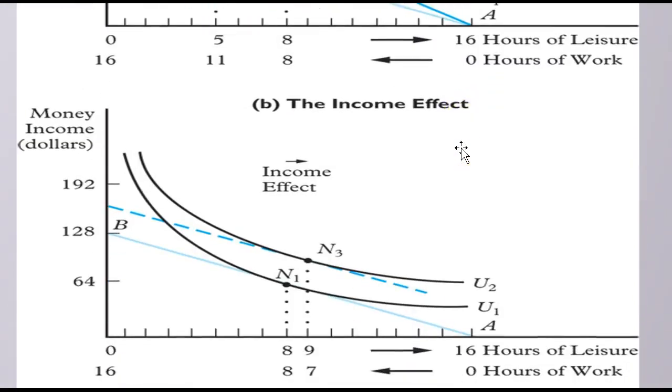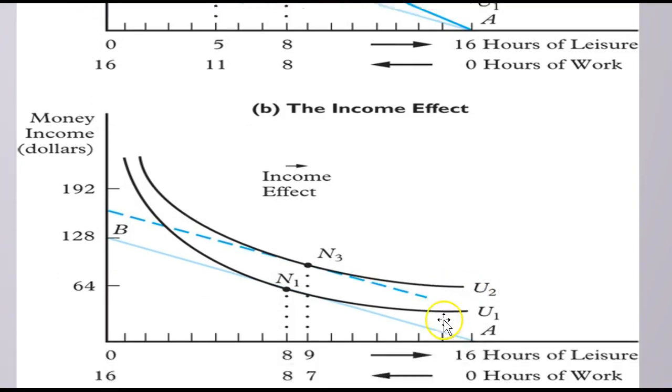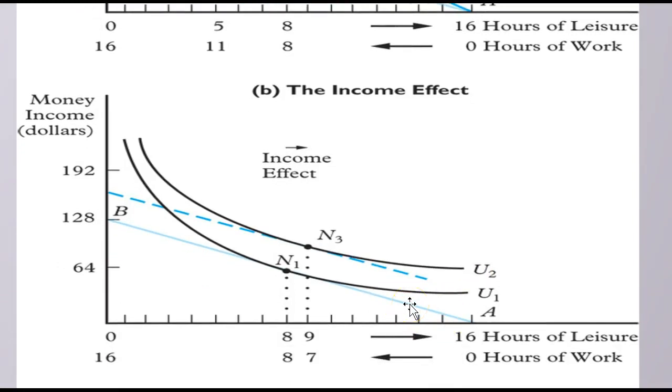Okay. So the income effect says, in essence, the change in your labor resulting from a change in your income if your wage was the same. Well, this is pretty easy. This is just showing you how you would get from utility 1 to utility 2. How much non-labor income would you need to get to that point? Basically, the income effect holds your wage constant.